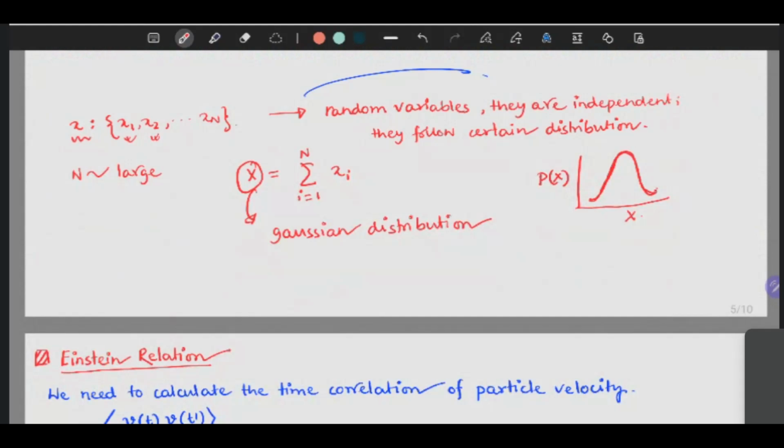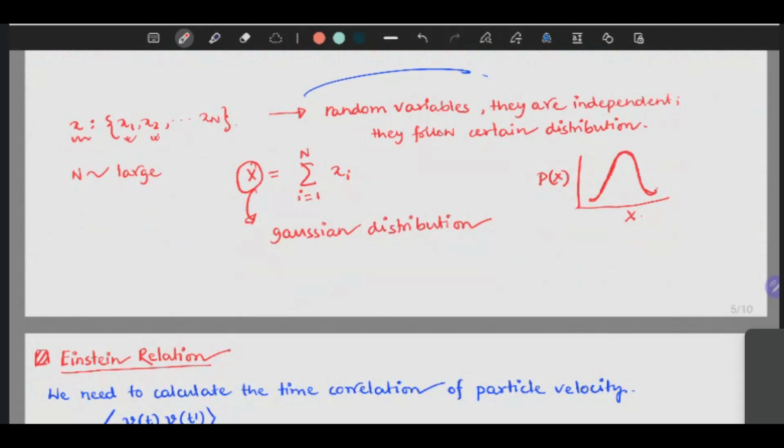So basically the equation is m dv/dt is equal to minus gamma v plus fr(t).